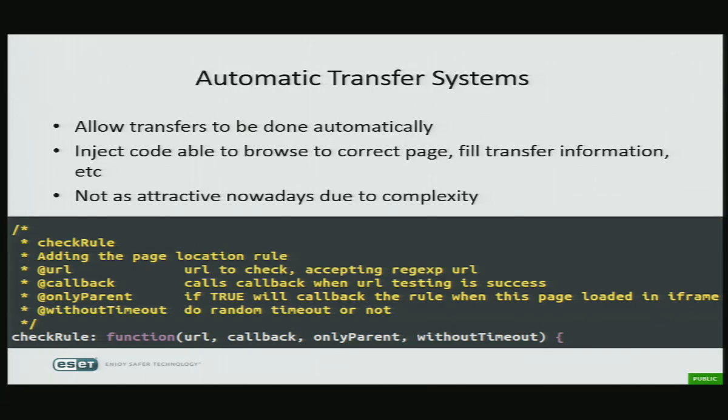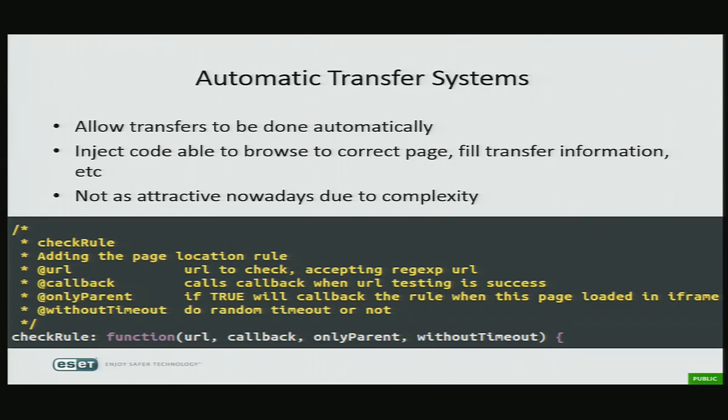And the banks, of course, are not sitting idle. They are trying to add new security measures, such as two-factor authentication. Some of these systems have means to try to bypass these security measures. We were seeing a lot of these in past months and years, but now they seem to have reduced in popularity because the code needed to do automatic transfer systems is very complex.